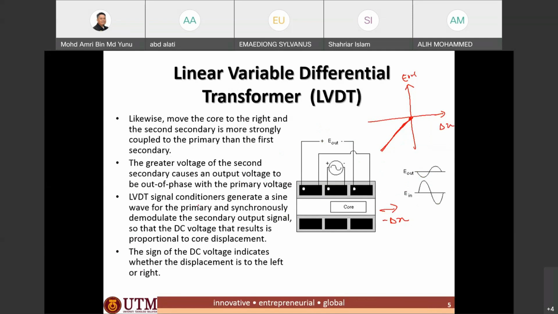So it can be used to determine the displacement direction, whether to the left or to the right.